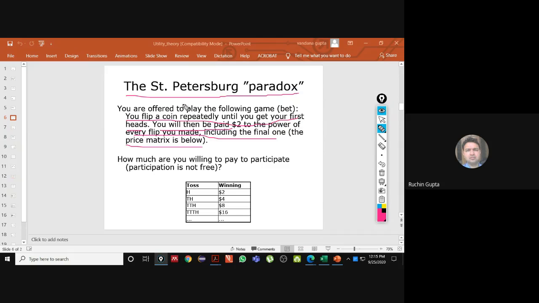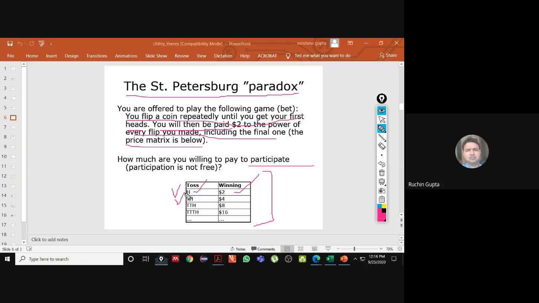So what happens in that case? How much are you willing to pay to participate? The question is that you are going to play this game and you are supposed to flip the coin, and once you get the head, you get the money which is equal to 2 raised to the power of the number of flips. So when you get the first head, you get $2.